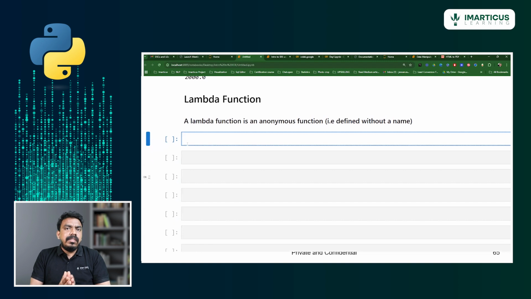So let me write the syntax for a lambda function so that you will be very familiar with how to create one. The syntax is very simple: you provide lambda as the keyword, and you use a colon here. Before the colon, you specify the arguments, the number of arguments, and after it you specify the expression that you want to perform.